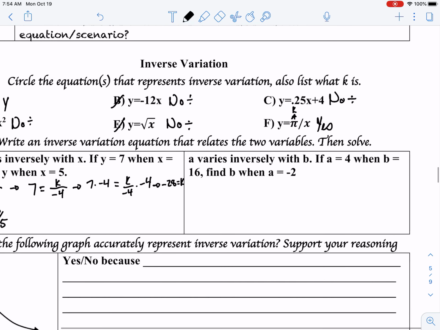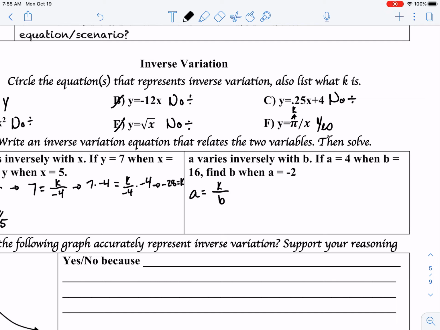Now this time over here on the right, we don't have x and y. However, we have a and b. Again, whatever varies goes on the left. So A varies, tells me A is on the left. What type of variation? It's inverse, that tells me it's division. Some constant. And what does it vary with? B this time. So there goes my formula.